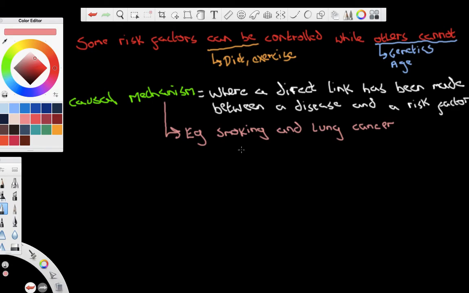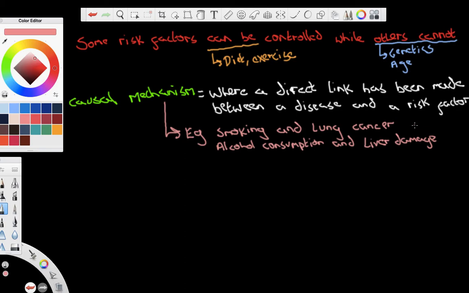Another example of this would be alcohol consumption and liver damage. Okay? The more alcohol you consume, the more your liver becomes damaged.